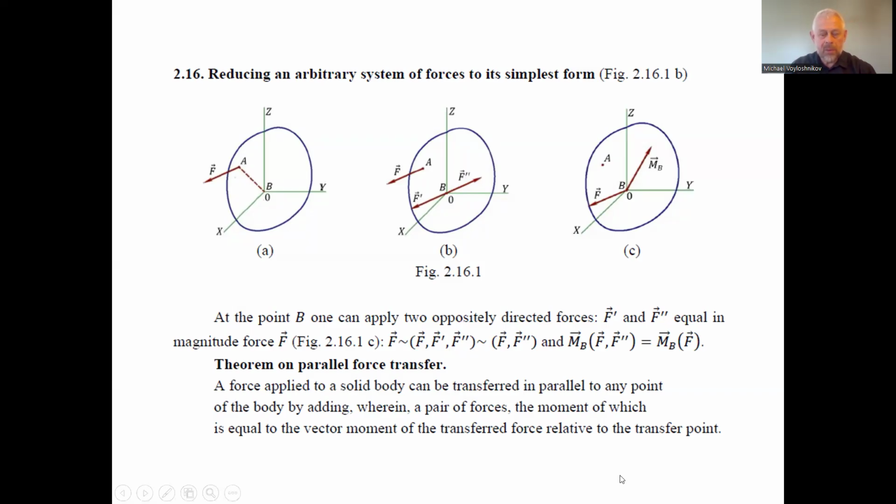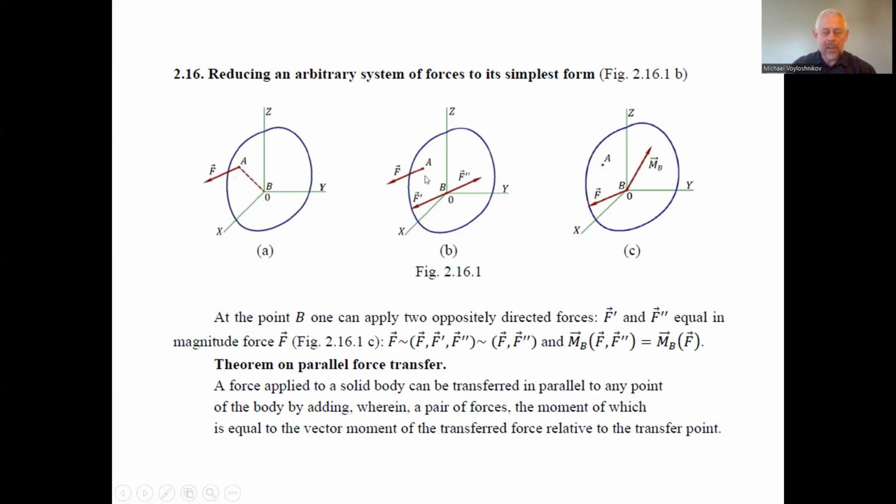Just please look at the example in figure 2.16.1a. We have a force applied to the absolutely rigid mechanical body at the point A. And we have a Cartesian coordinate system x, y, z, 0. The 0 could be the reference point.